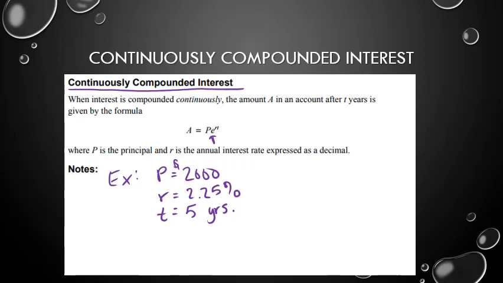Okay, so the way we work the formula is we'll have the amount that we left over with is what we want. The principal amount is $2,000. Then we're going to have E to the R. Remember, we want to put that in as a decimal, so it'll be 0.0225 times 5.